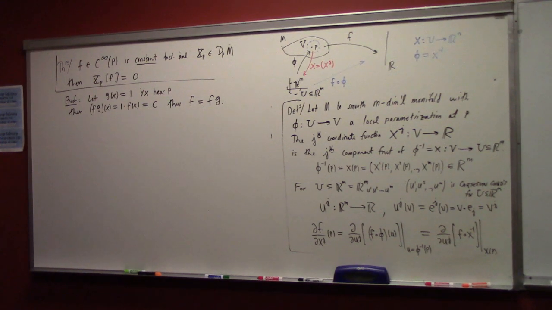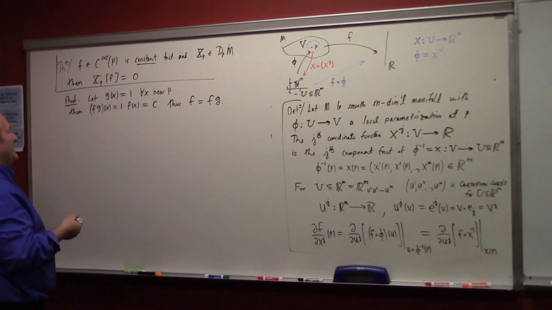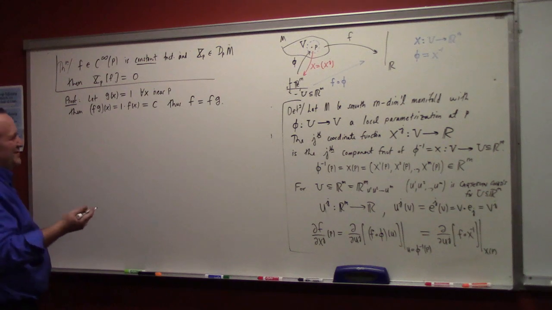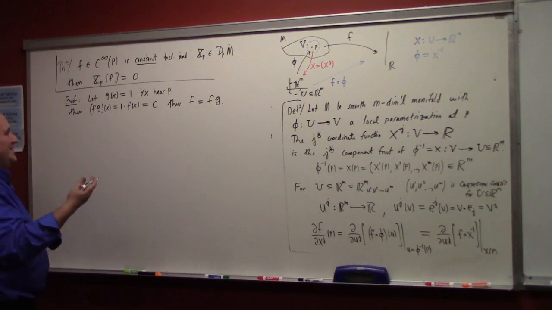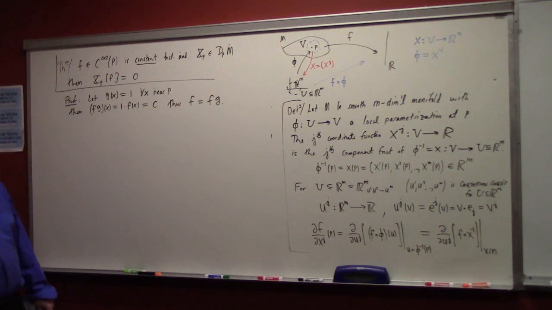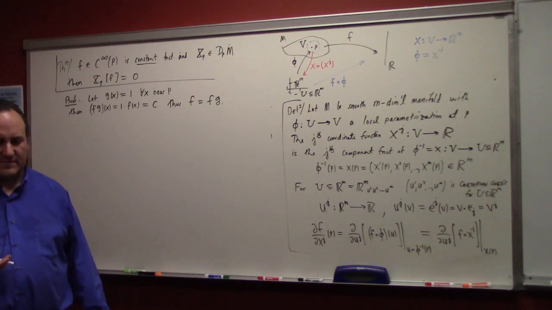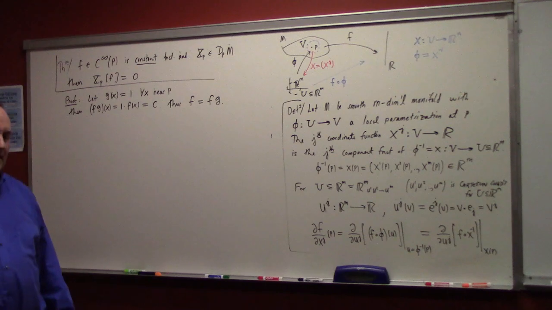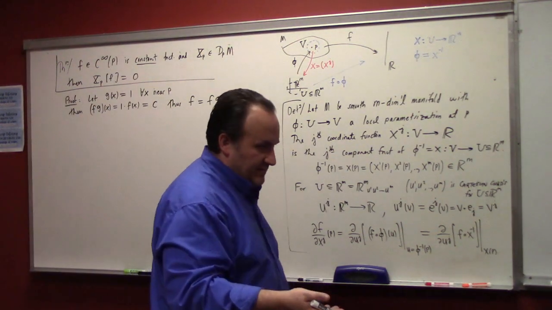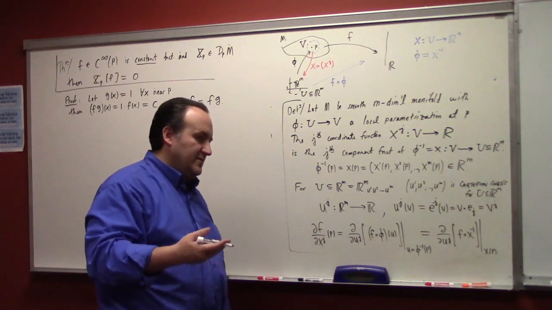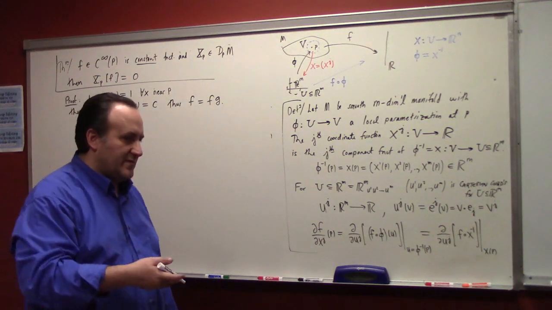I seem to be using x here; maybe I should use a q or something. This is kind of bad, but this is the abuse. Is x a point on the manifold, or is x a coordinate chart? Is u a point in Rm, or is it the coordinate chart?